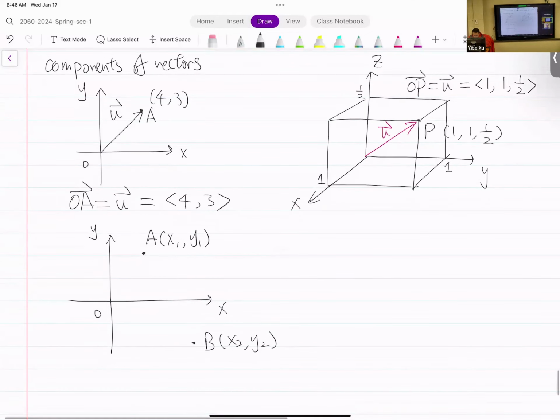Here, OA is this vector, OB is this vector. But let's say we want to get the vector from A to B, right? From the figure, what do we know? From A to B, the head is B and the tail is A, right? So if you think about AB, you can think about this as the vector OB minus the vector OA, right?